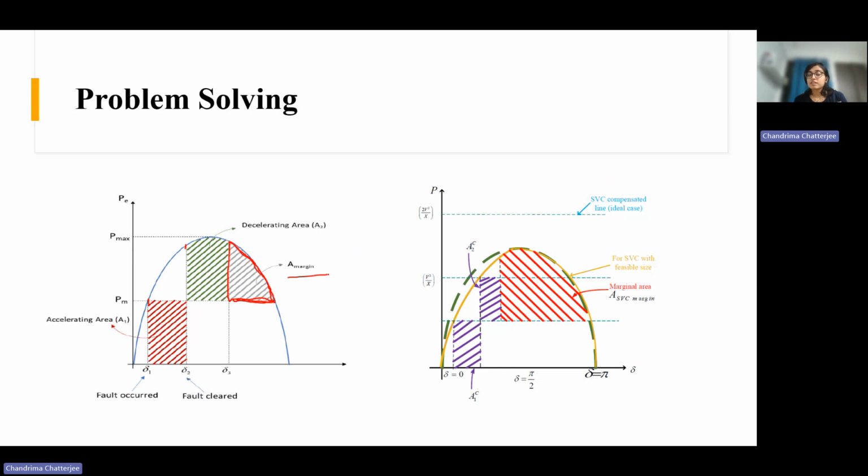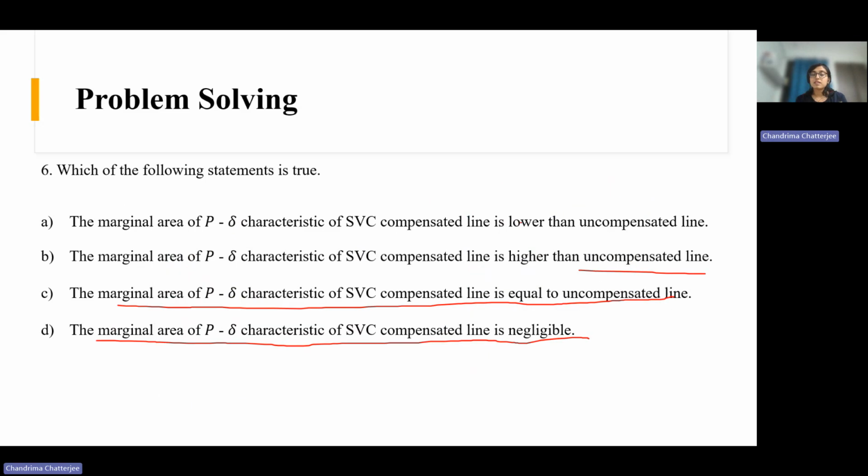This is another advantage, because it provides a higher marginal area. That's why the transient stability gets better for a compensated line. This is one of the advantages of the compensated line. So option B is correct here: the marginal area of P delta characteristic of SVC compensated line is higher than uncompensated line.